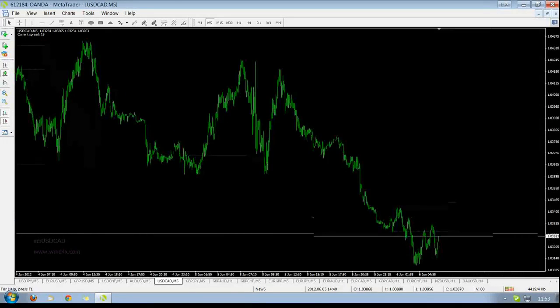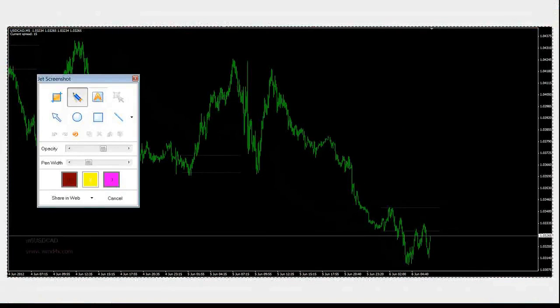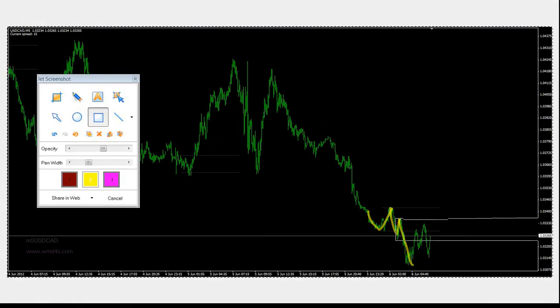Right, so a little bit of a hooking structure there, yeah, right. So I would just be looking at this block here on dollar CAD, right?